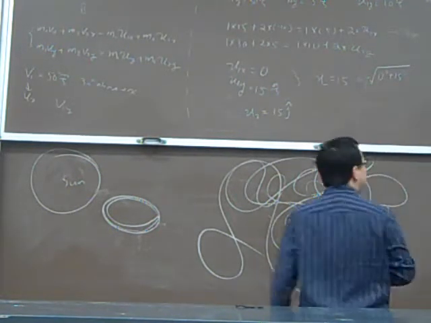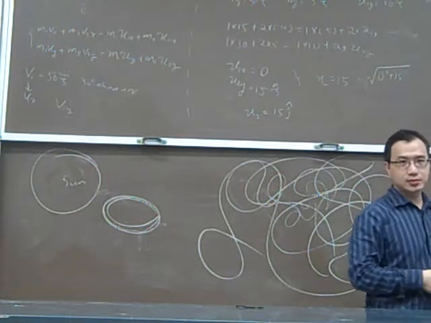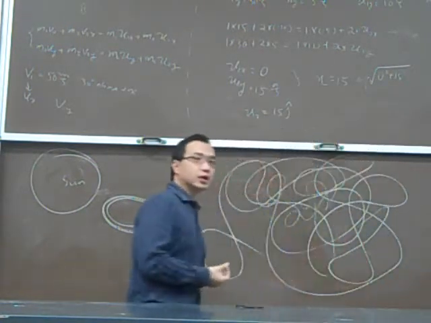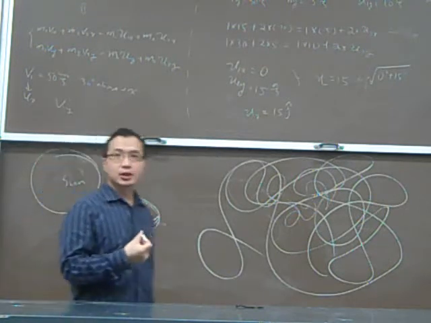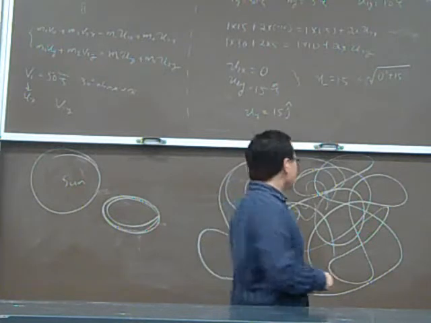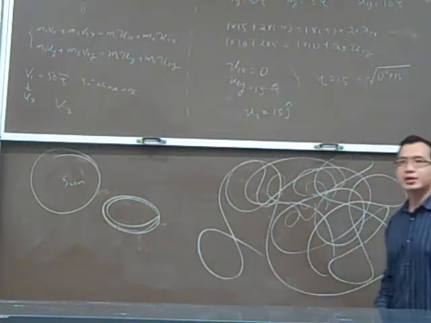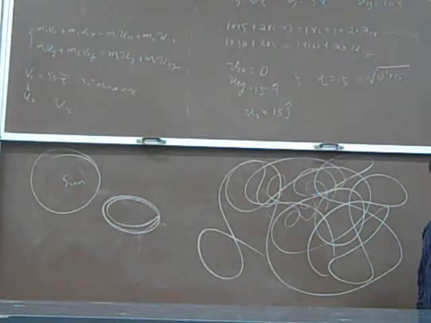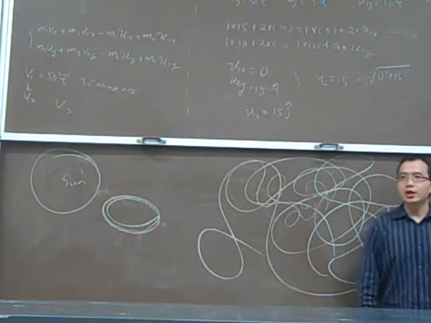So this is actually called chaos, or unpredictability. So that's chaos. But from the description here, you may think that chaos is just some mess. But in fact, it's not.